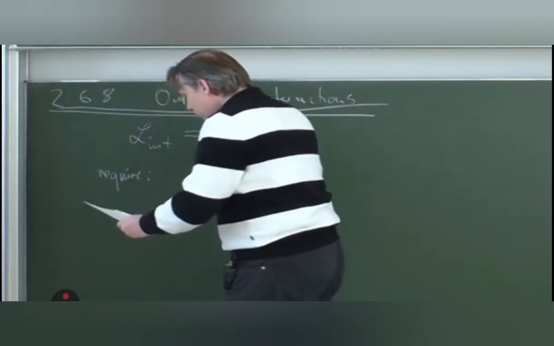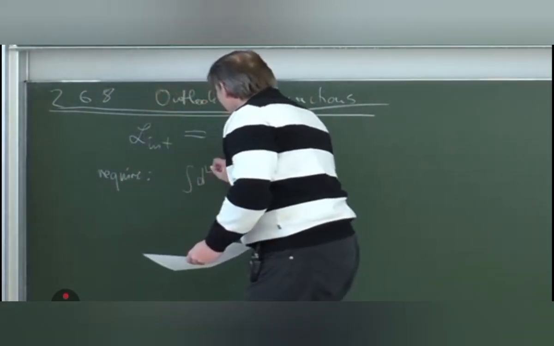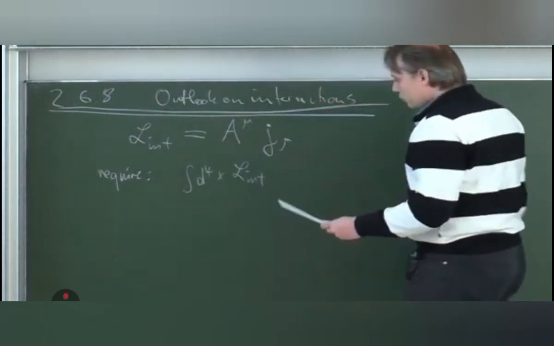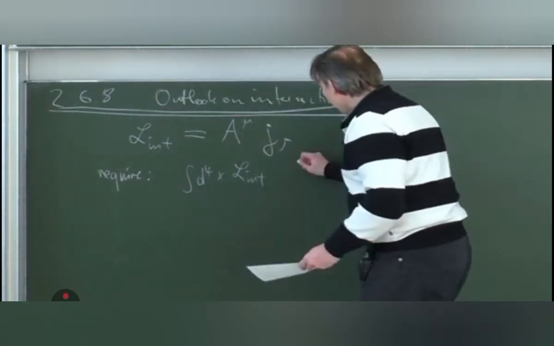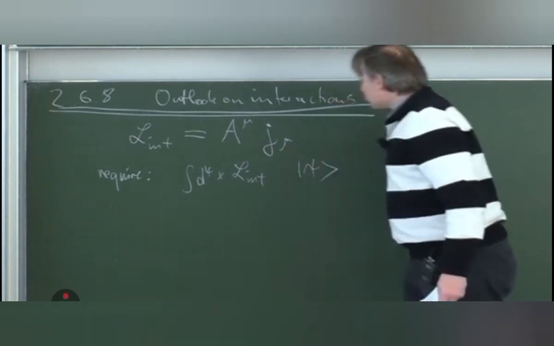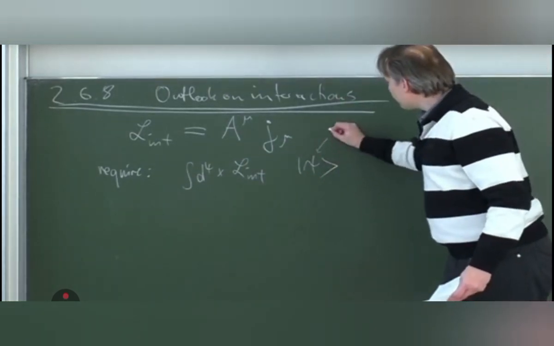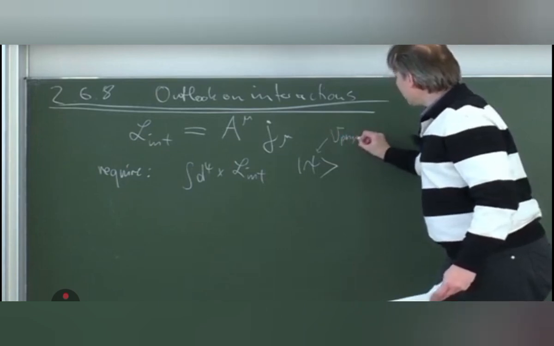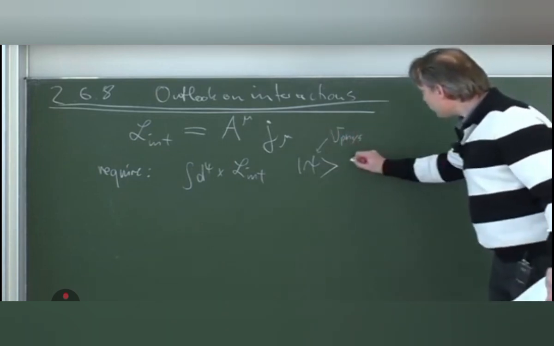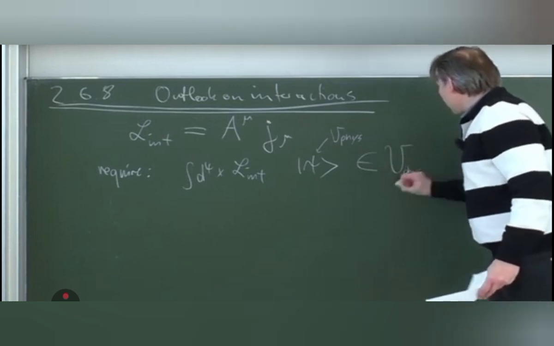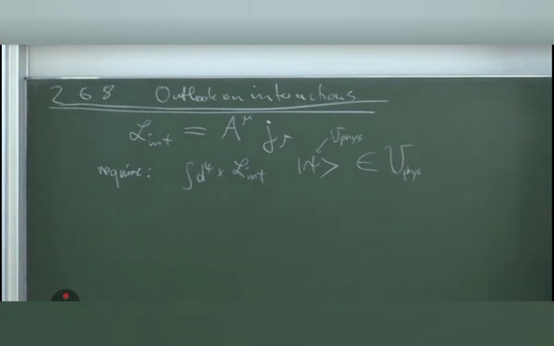that the following object, which would be the d^4x integral of this interaction Lagrangian density, if you act on it on some physical space, then you should end up in the physical space.